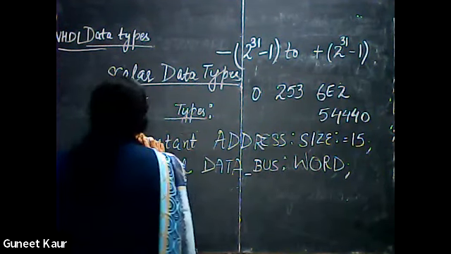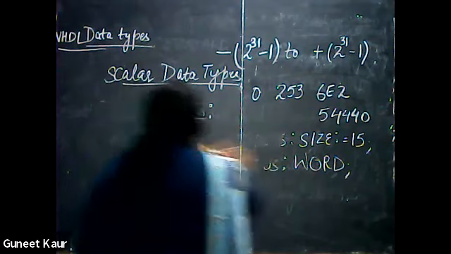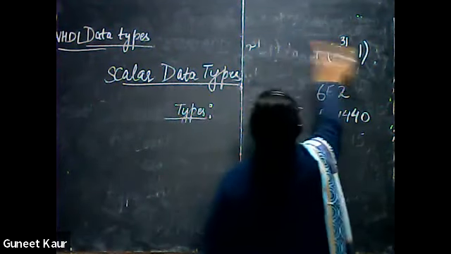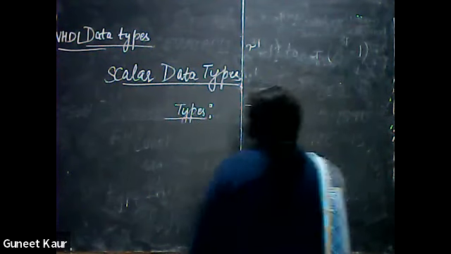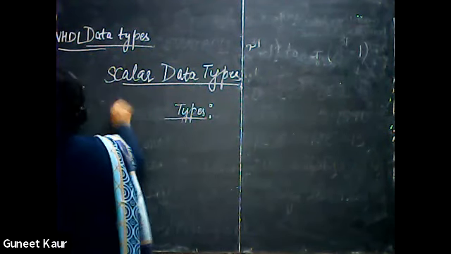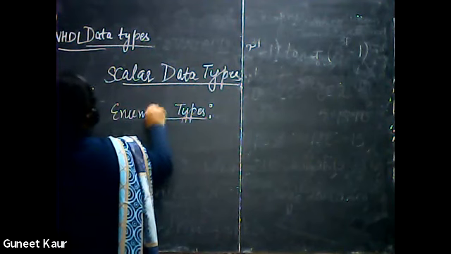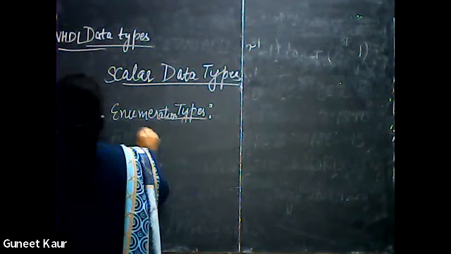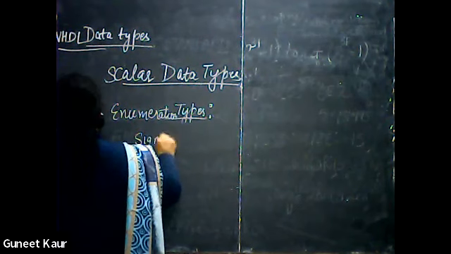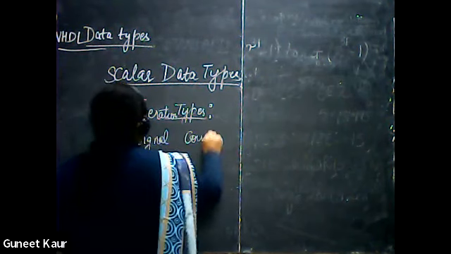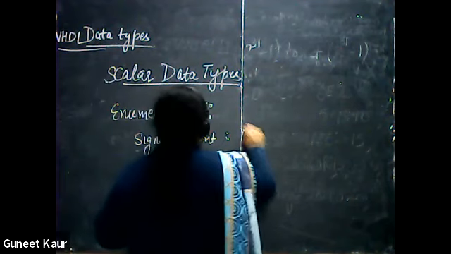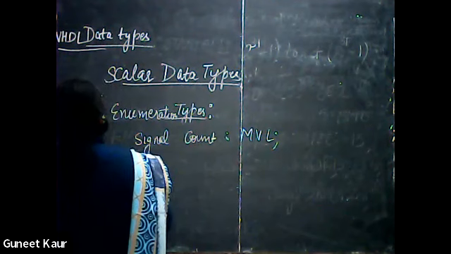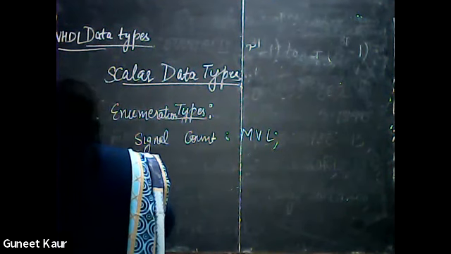For the enumeration data type, that is signal count of type MVL.